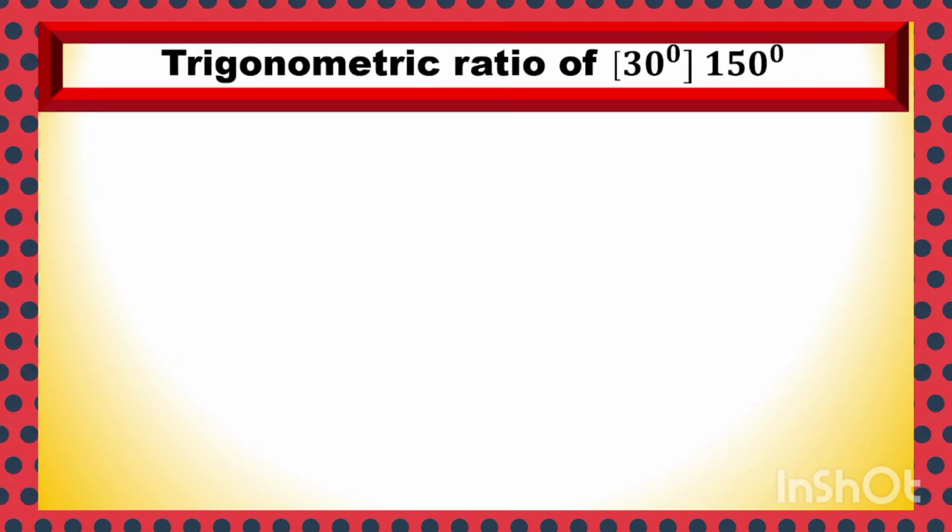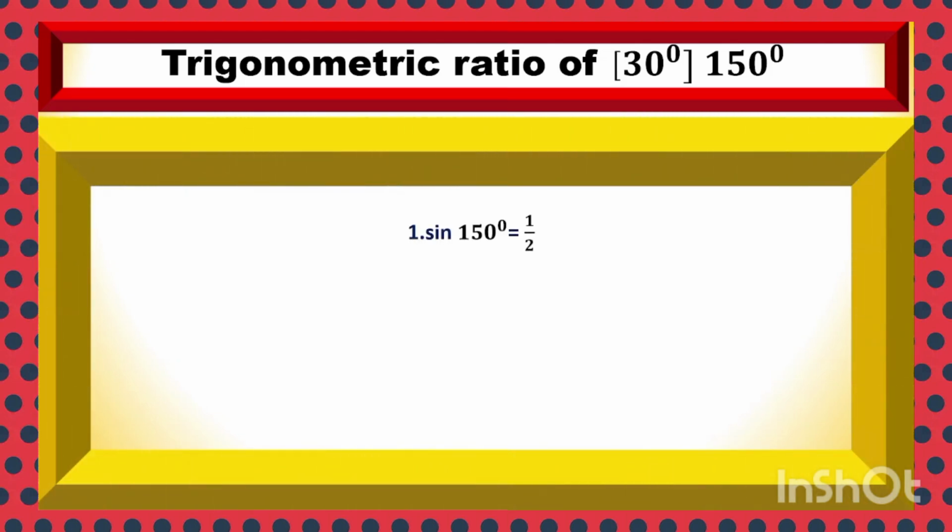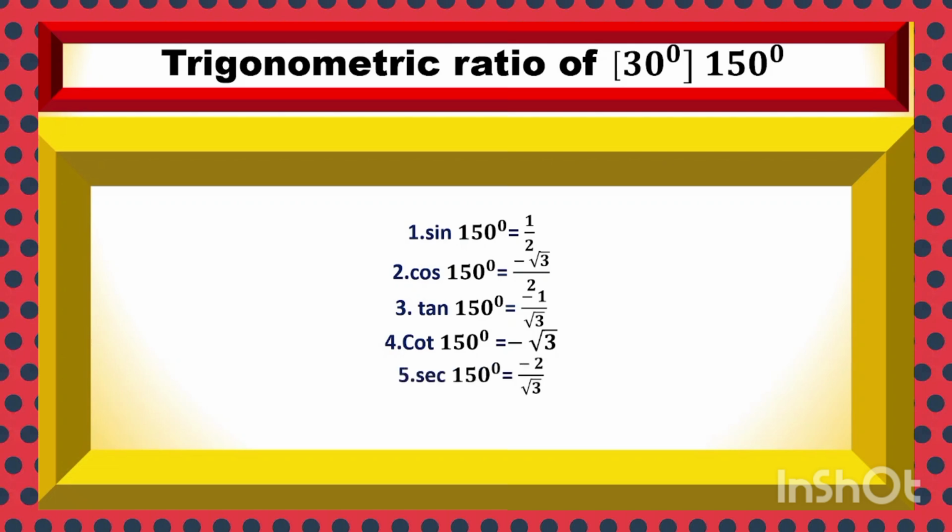Trigonometric ratio of angle 150, which has a similar relation with angle 30 degree. Sin 150 1 by 2, cos 150 minus root 3 by 2, tan 150 minus 1 by root 3, cot 150 minus root 3, sec 150 minus 2 by root 3, cosec 150 2.